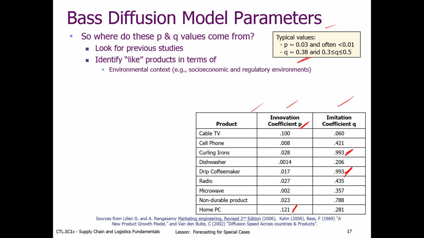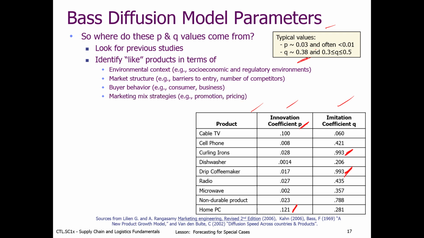And what do I mean by similar? Well, you want to see if you're introducing it in the same environment, such as the socioeconomic conditions, and whether it has similar regulations. You want to understand the market structure that you're introducing your product into. Are there a lot of competitors, or are you the only person out there? You need to understand the buyer behavior. Am I selling to a consumer or to another business?